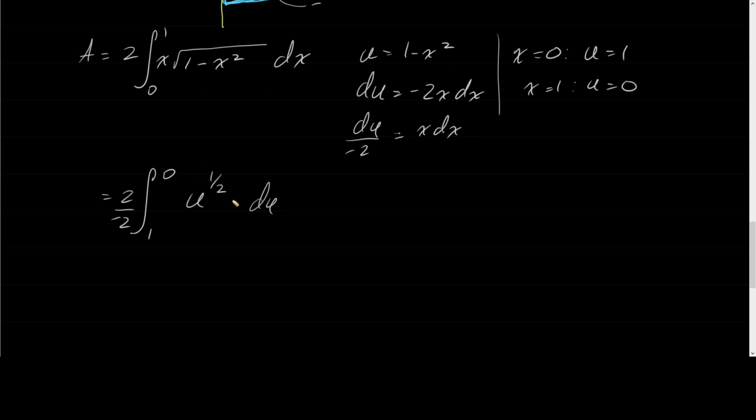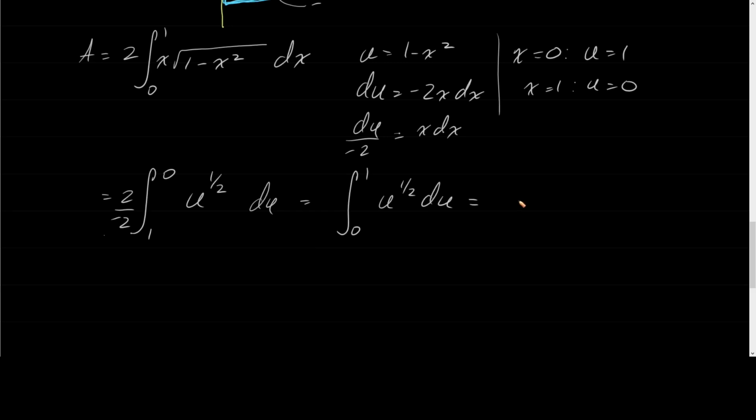This radical sign, I'll write as a power of 1/2. At that point, this 2 over negative 2 becomes negative 1. Well, actually, with this negative value and these bounds, I can flip the bounds and get rid of the negative. 2 over 2 is just 1, so we don't write it. And we still have u to the 1/2 du.